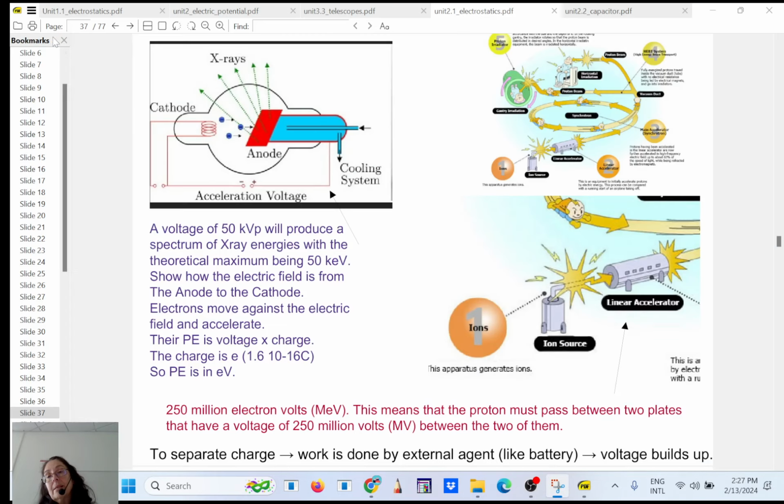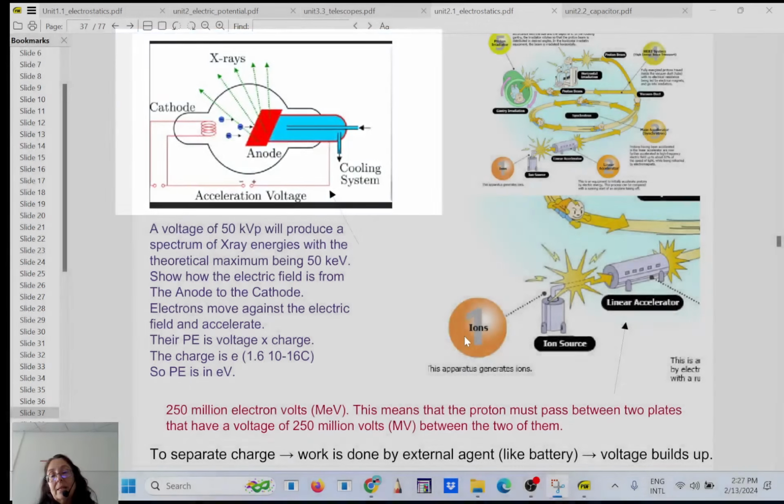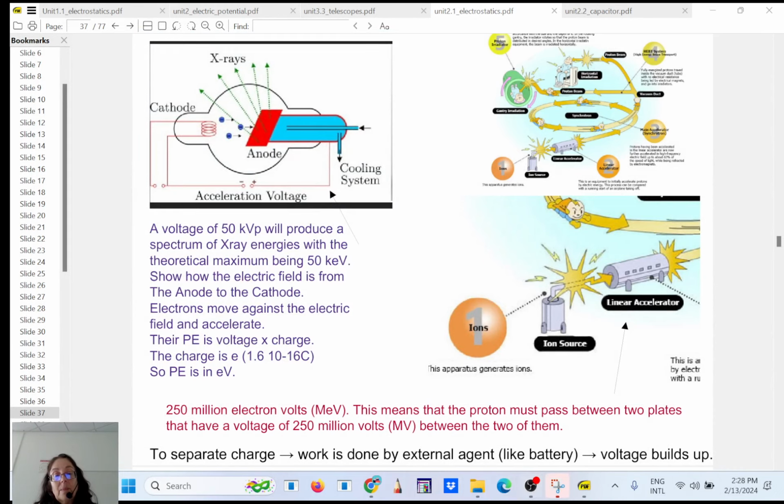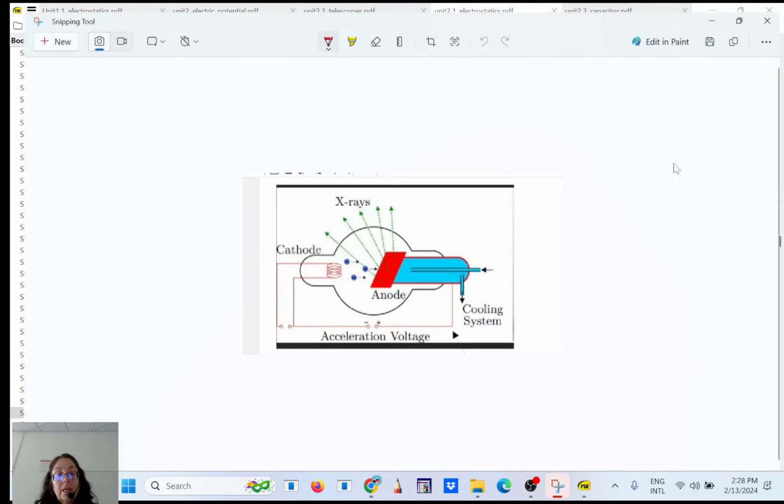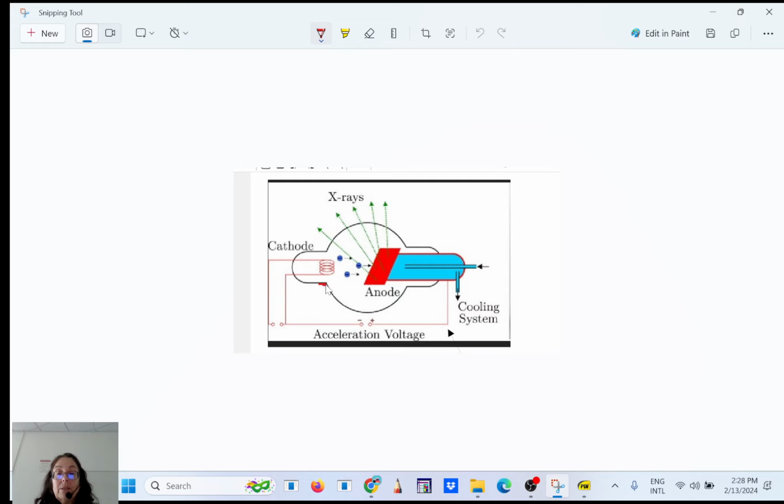So that means I should have placed that picture. It's fine. So this is your minus. It's connected to a power supply. Do you see the power supply here? Okay, and let's say the voltage is 50,000 volts. So you have an electron here.